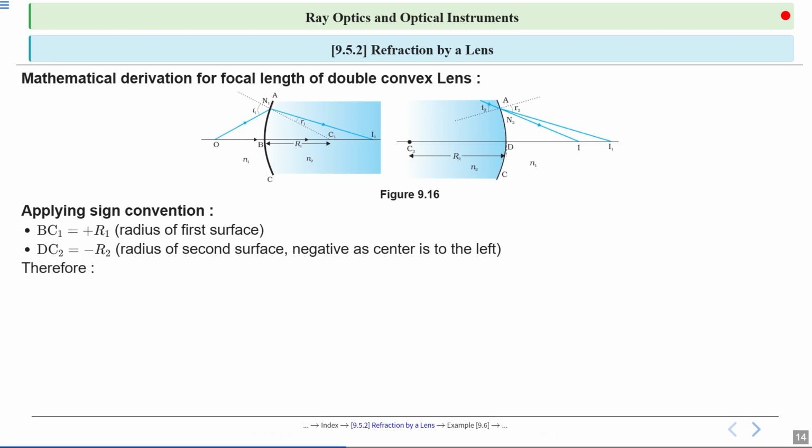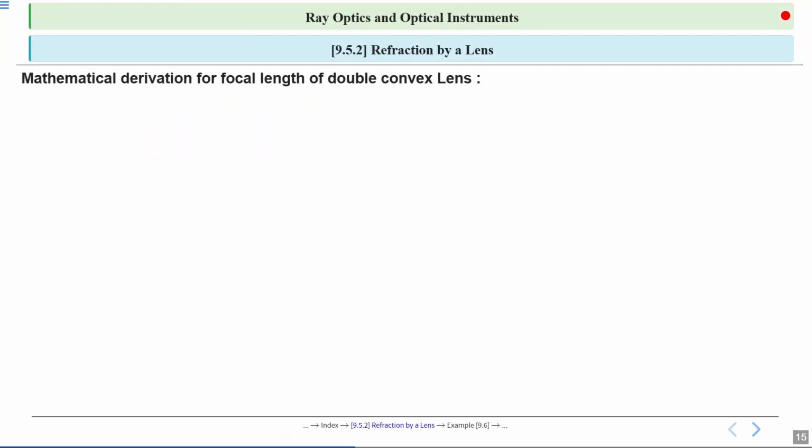Now the equation becomes 1 upon F, having divided by N1 on the right side, equal to N2 upon N1 minus 1 into 1 upon BC1, which is R1, and DC2 is minus R2, so minus 1 by R2. This is the final expression. Mark it as equation 9.21. What is N2 upon N1?